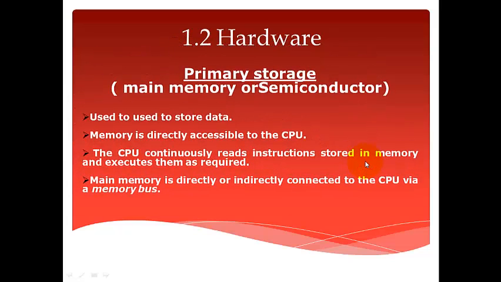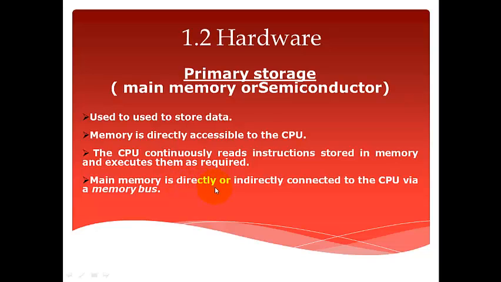Now we'll take a look at primary storage, or primary memory. Primary memory is also called main memory or semiconductor memory. It is used to store data, and the memory is directly accessible to the CPU, and the CPU constantly reads the instructions stored in memory and executes them as required.